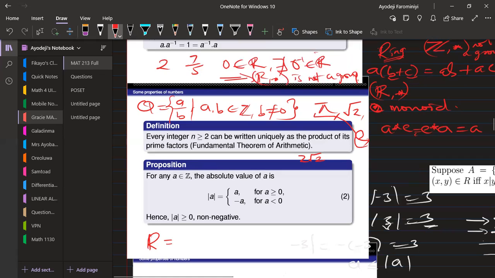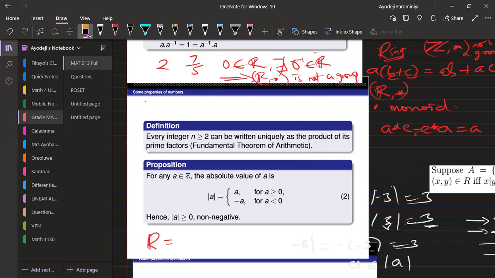Okay. So that is why R star is not a group, because 0 does not have an inverse. Good. So that takes us to the next one: if we have a non-zero number, that is a group.